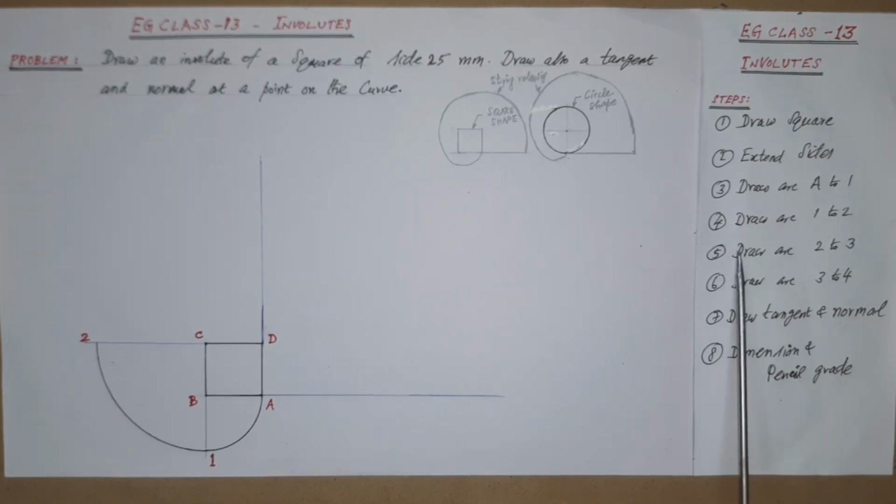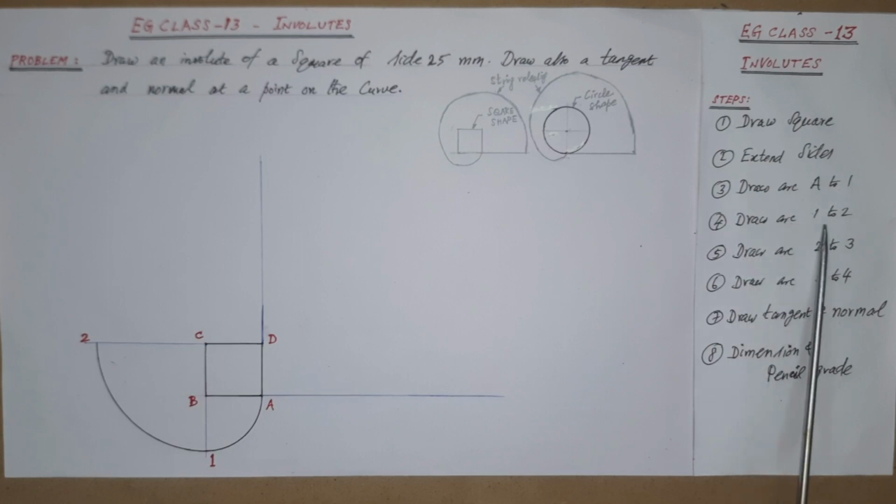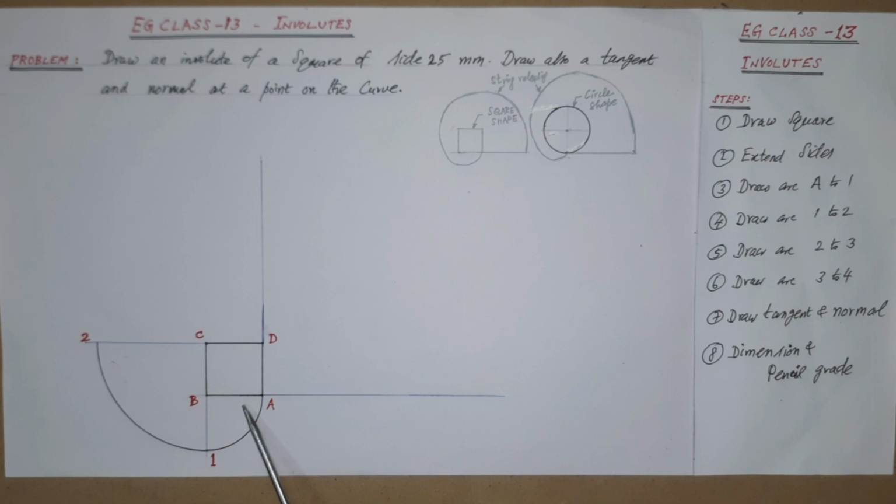Next, as per step 4, draw arc 1 to 2. For this, using the compass, take C to 1 as radius and C as center. Draw an arc from 1 and it meets the DC extension line. Mark the meeting point as 2 as shown here.